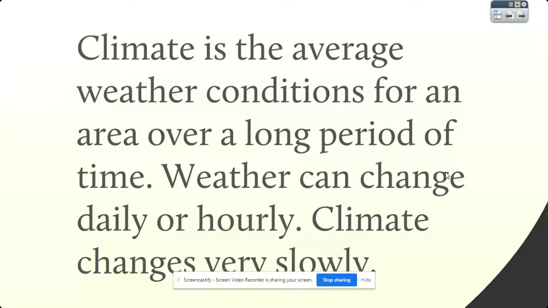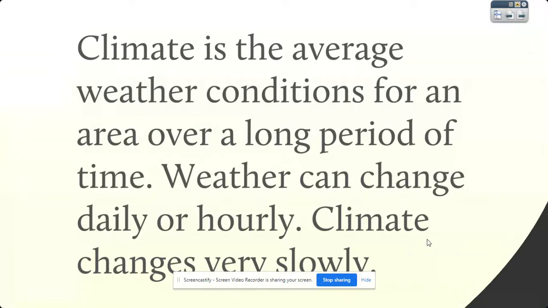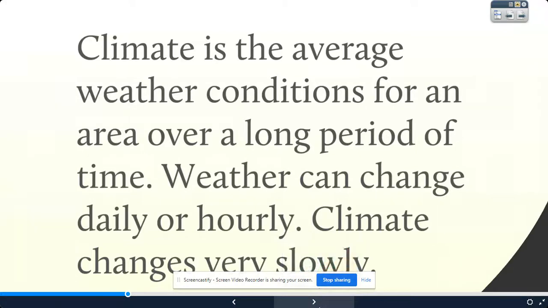In the fall, it's starting to cool down, and sometimes it's still warm. In the winter, it's pretty cold, not too cold, and in the spring, it starts warming up again. So our climate changes within the seasons, but our seasons stay the same. Climate is something we look at over a long period of time, whereas weather is something for the day.